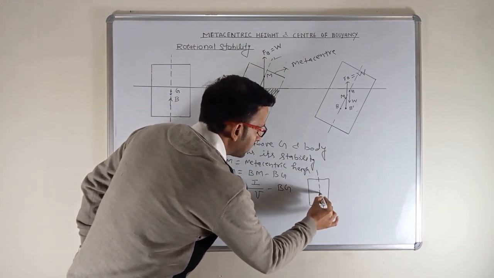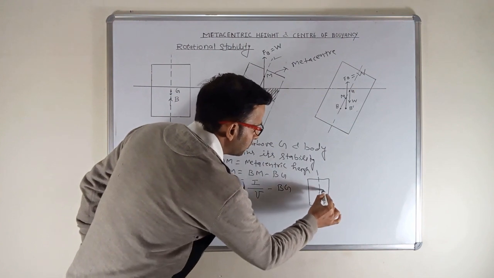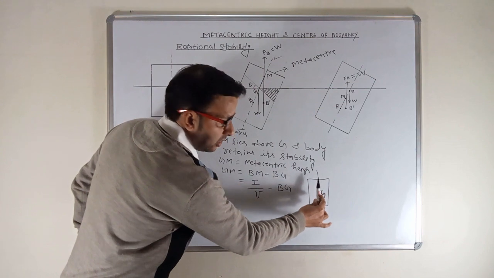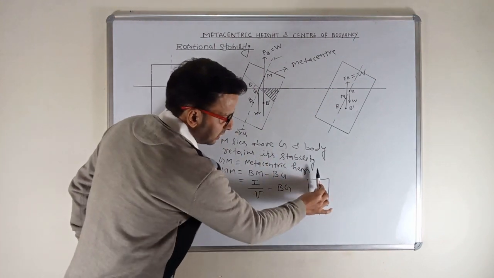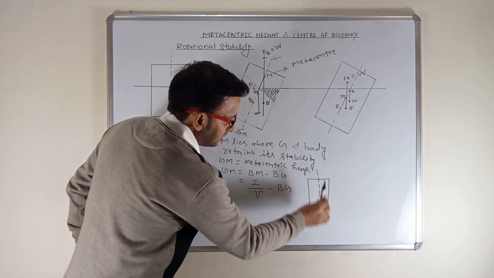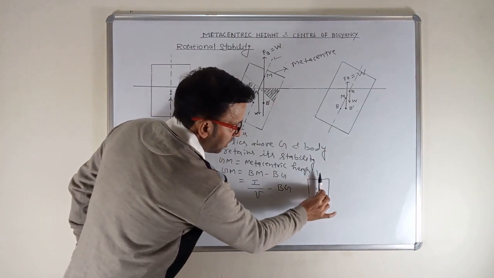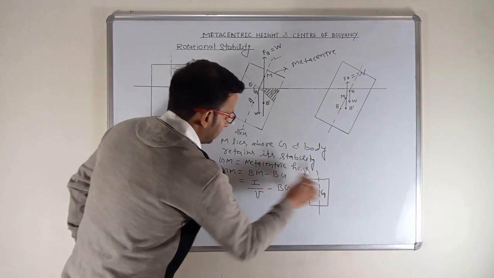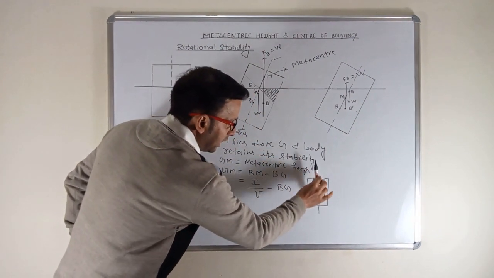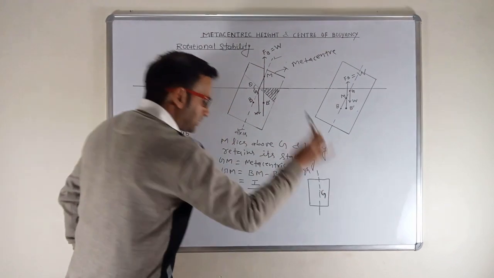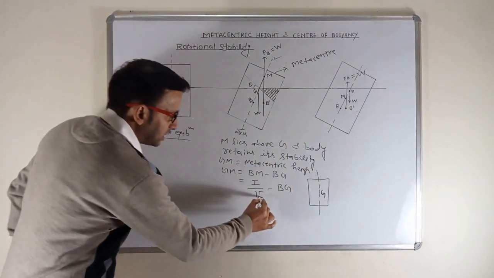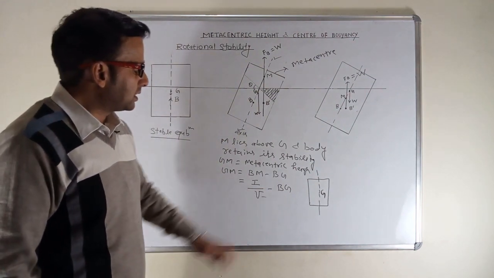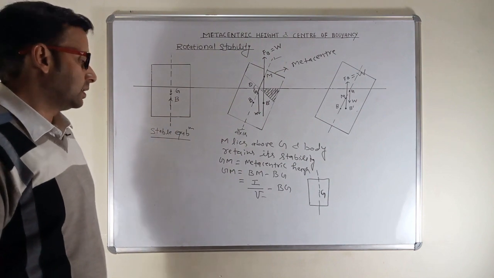If I draw a line which passes through the center of gravity, and this line is on the water surface, mind it, then I is the moment of inertia about this line, because the body is tilting like this. So I is the moment of inertia of the body about the centroidal axis on the water surface. I think it will be clear. V is the immersed volume, as I have explained in earlier lectures, and BG is the distance between the center of buoyancy and the center of gravity.